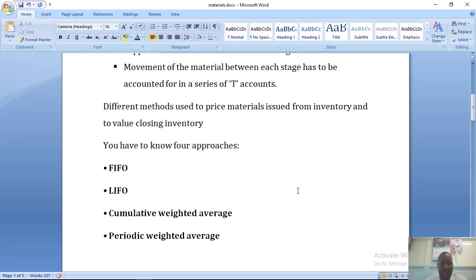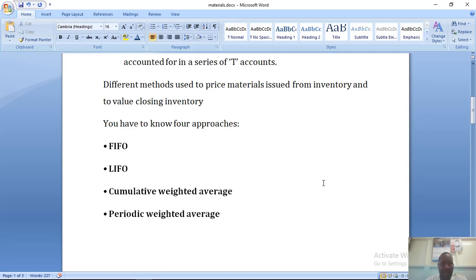LIFO stands for last in, first out. So under LIFO, we assume that the materials that arrive last should be the first to be used. That's LIFO, last in, first out.